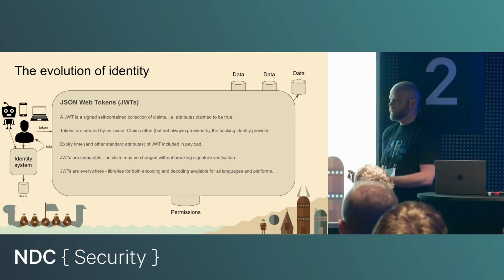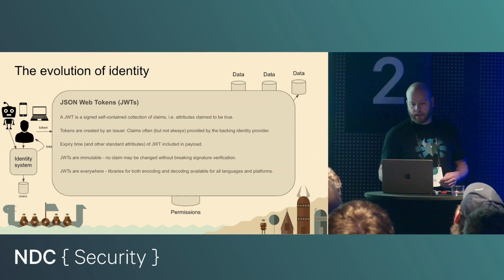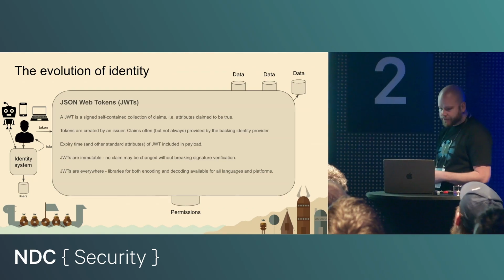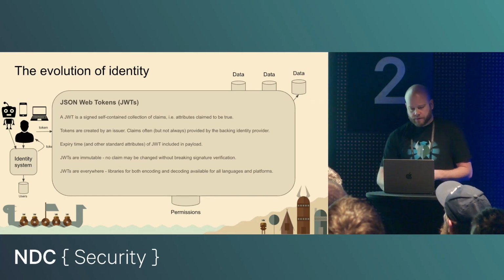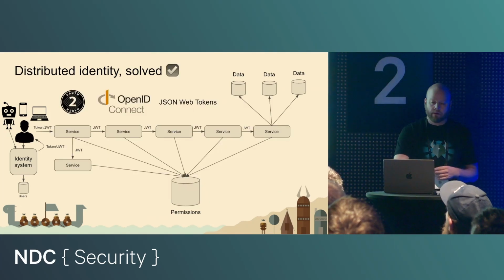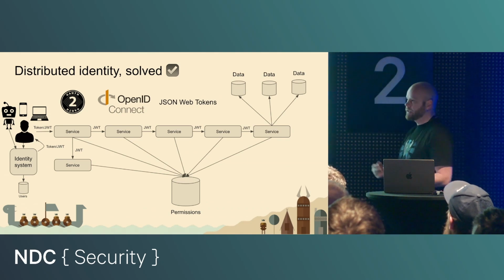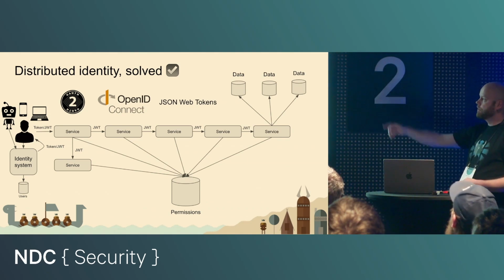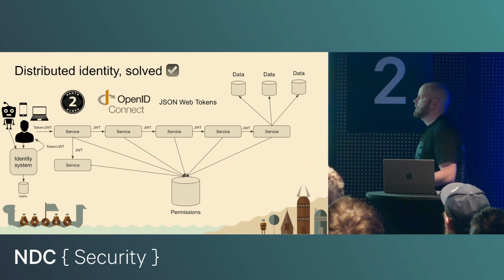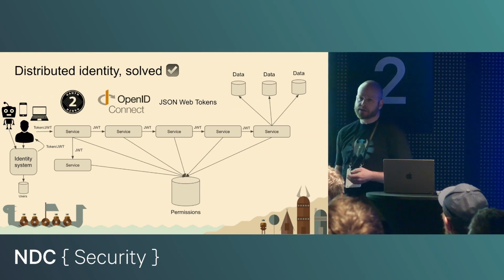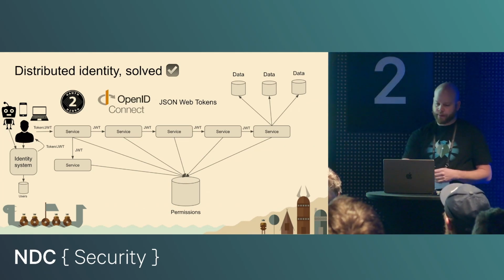All we need is just a public key. We can verify the integrity of the token without going to an external service. So with JSON Web Tokens or any other kind of self-contained token, we solved that problem as well. We have a good model for working with identity across distributed systems.